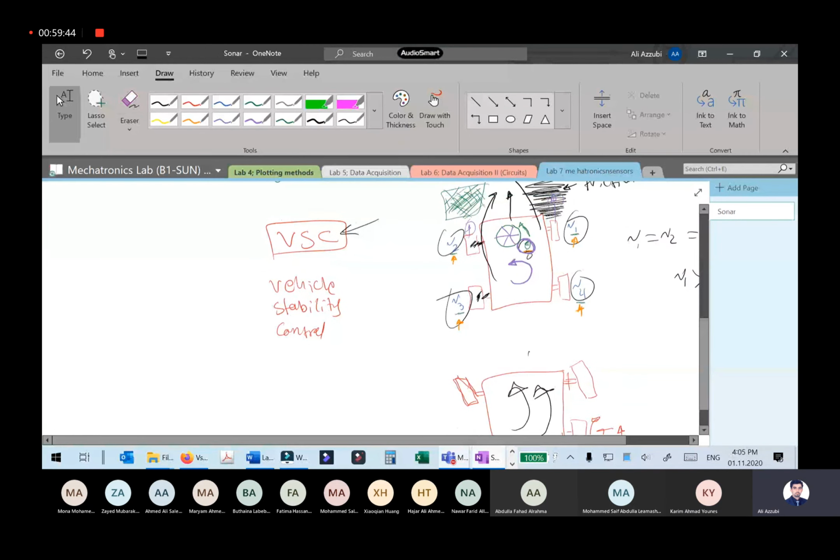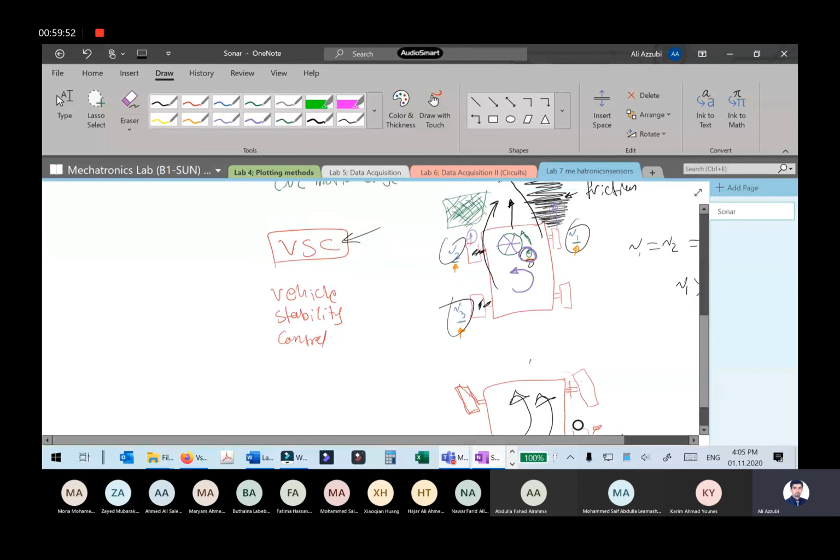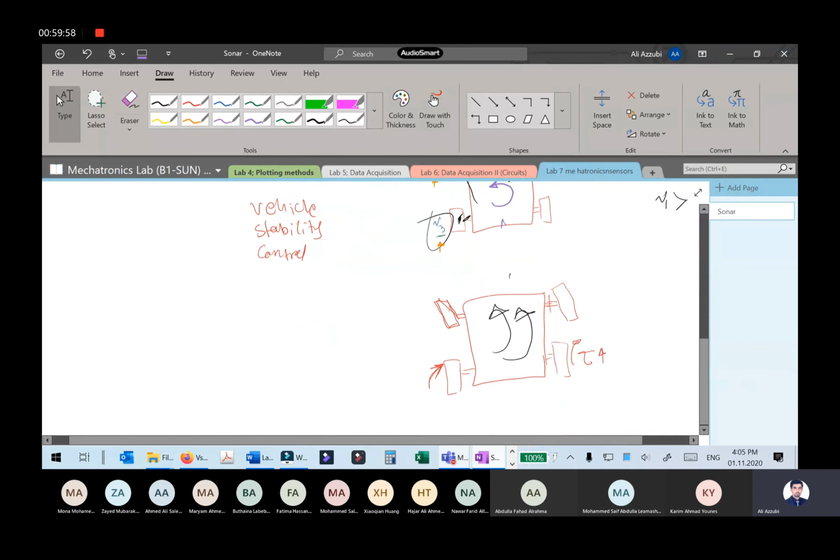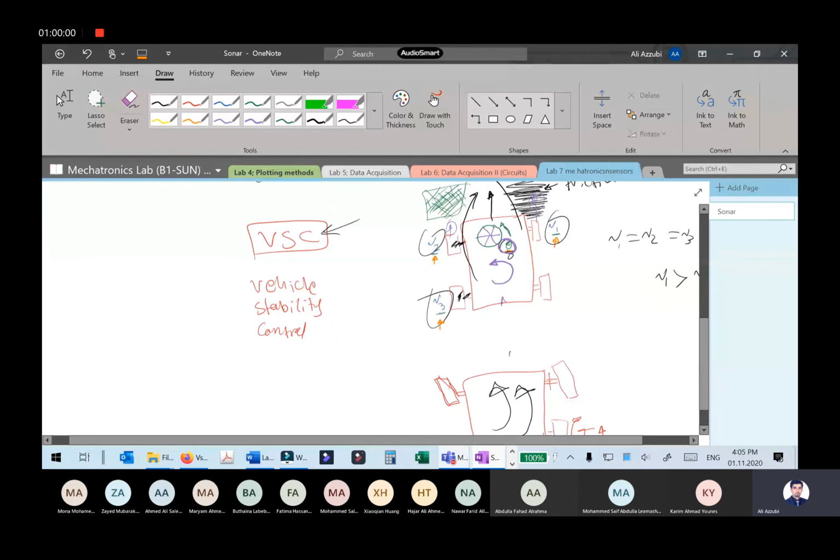The traction control will monitor the speed of the car and compare it with the speed of each wheel. So you know the speed of the car is some number, and consequently the speed of each wheel can be calculated.